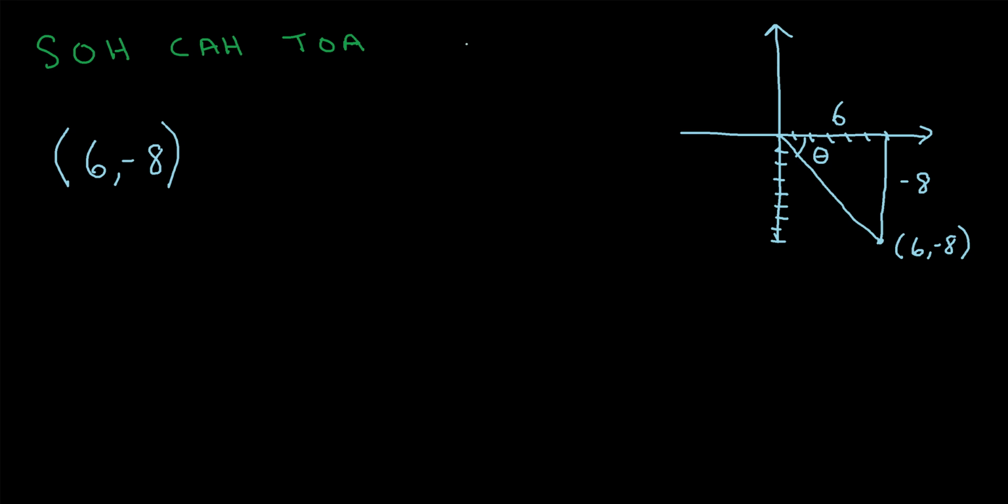So once again, we can use our Pythagorean theorem. We'll say a squared plus b squared is equal to c squared, where c is the hypotenuse. So 6 squared plus -8 squared is equal to c squared. 6 squared is 36, plus -8 squared, which is -8 times -8, that's +64, is equal to c squared.